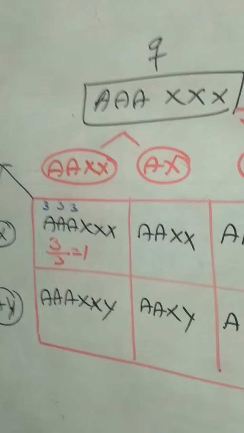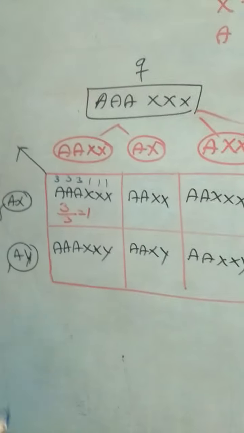Total number of chromosomes: A is equal to 3 chromosomes. Here also 3 chromosomes. X chromosome 1X, 1X, 1X.